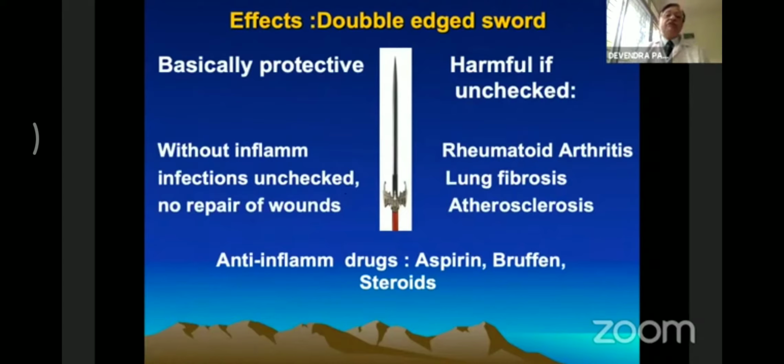Inflammation is a double-edged sword. Basically, it evolved as a protective phenomenon. Without inflammation, infections will proceed unchecked and may cause death. However, if unchecked, it will cause harmful effects, will cause diseases like rheumatoid arthritis, lung fibrosis, atherosclerosis. That's why we use anti-inflammatory drugs like aspirin, steroids, and brufen.